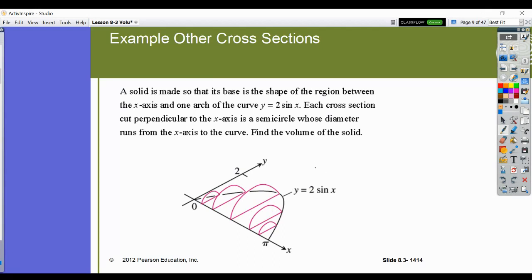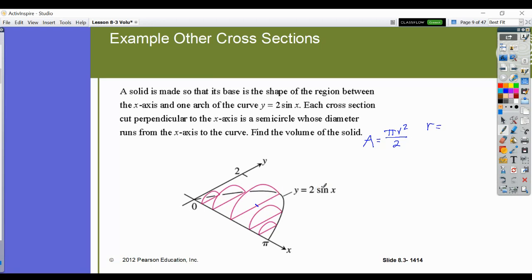All right, so let's start with the first step. What is the area of the cross section? Well, a cross section is a semicircle, and a semicircle is pi r squared divided by 2, because it's half of it. But what is my radius on this graph? Well, it's the height of the function divided by 2.